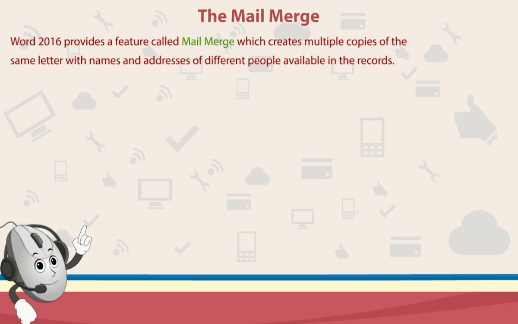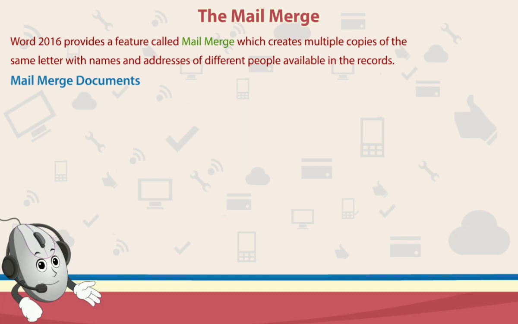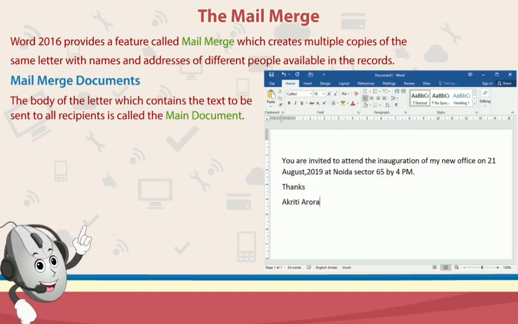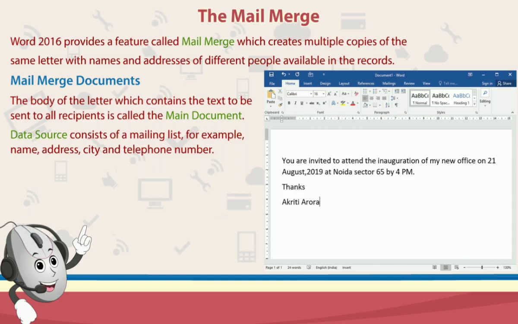Using this option the same mail you can send to many people whose name and address you have already saved or recorded. Main document: the body of the letter which contains the text to be sent to all recipients is called the main document, meaning the original content that you want to send.